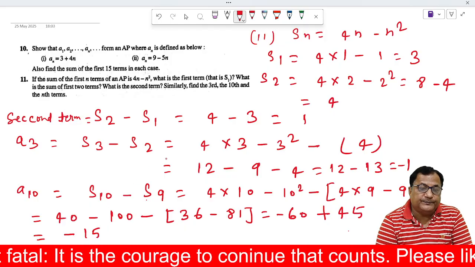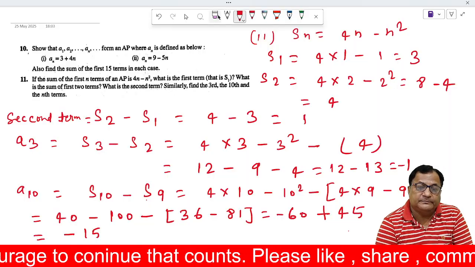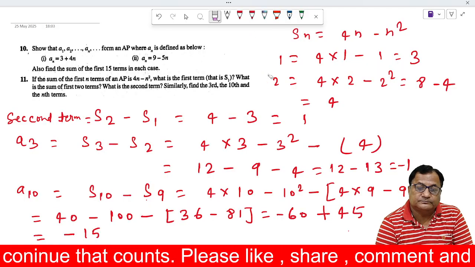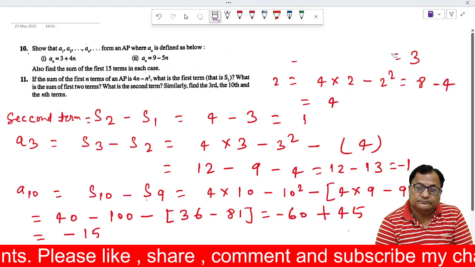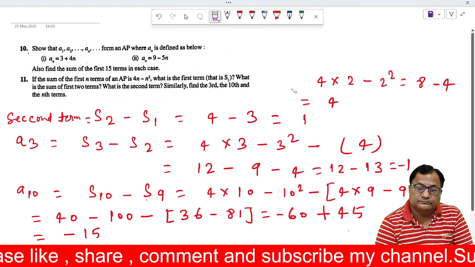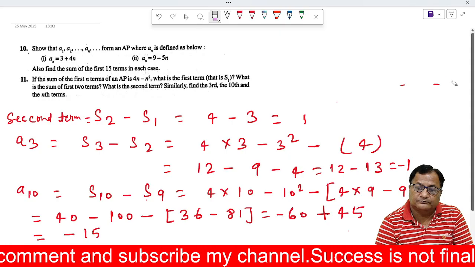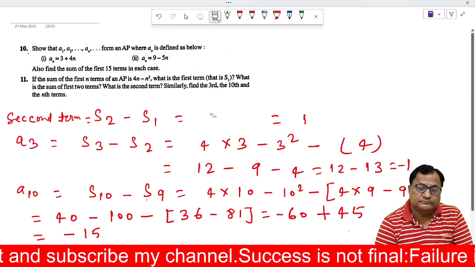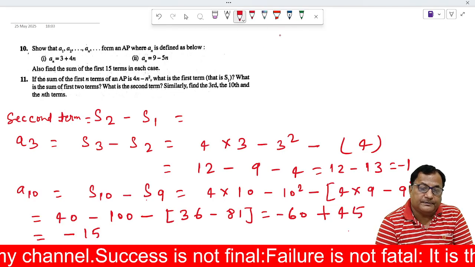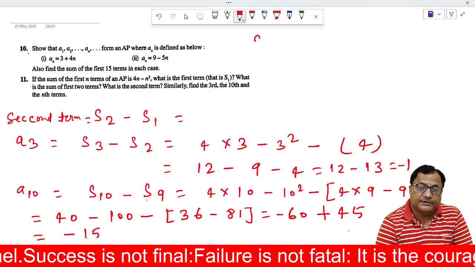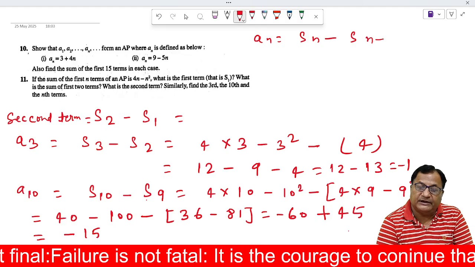And we have to find the nth term. So the nth term we will find this way: a_n is equal to S_n minus S_(n minus 1).